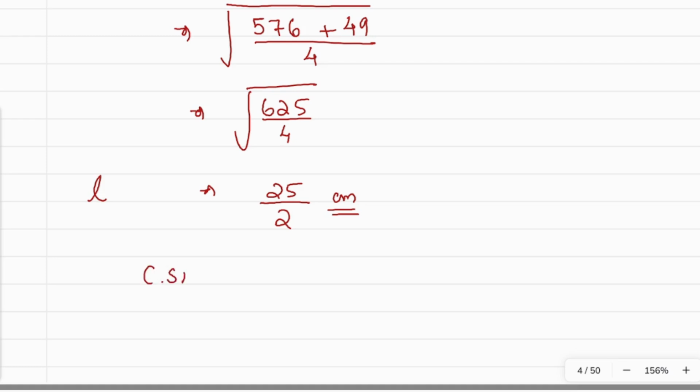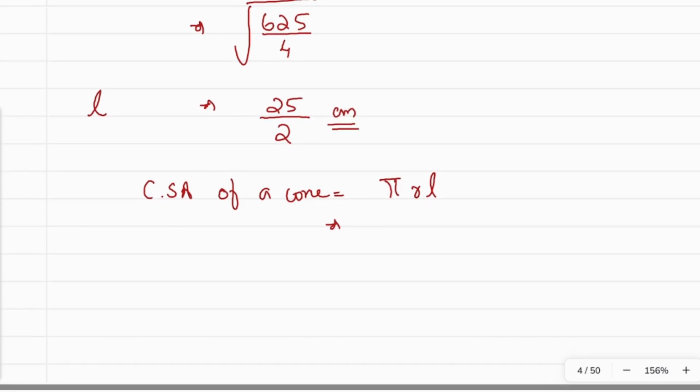Now we can find the CSA of a cone. CSA of a cone is equal to pi r l, which is 22 by 7 into r. r is 3.5, I can remove the decimal and write 3.5 as 7 divided by 2.